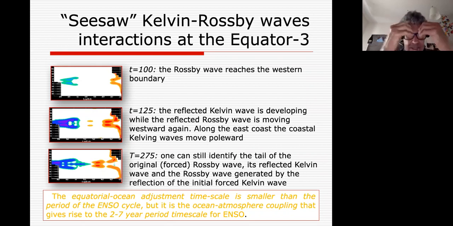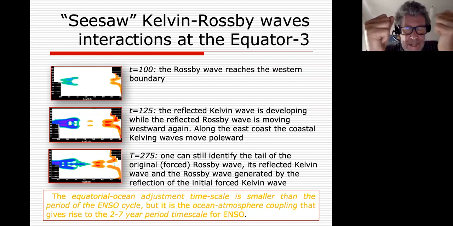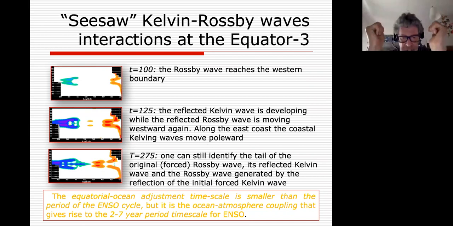In this model, what is missing is the connection with ocean-atmosphere coupling, and this probably is the origin of the longer time scale for ENSO. Here we have listed only the ocean contribution and variation in the thermocline depth.